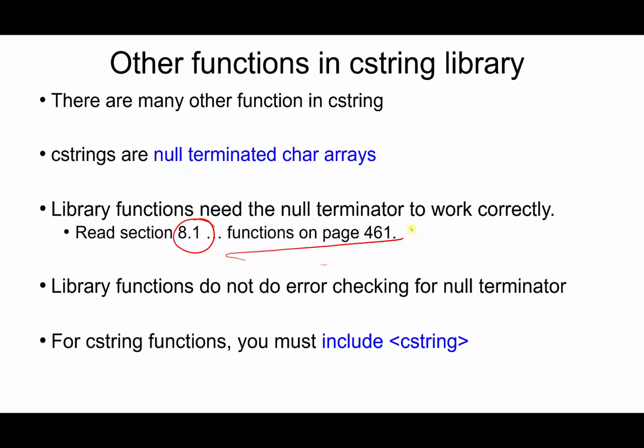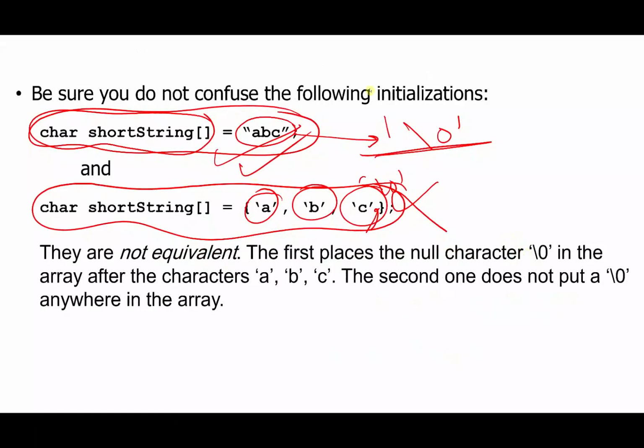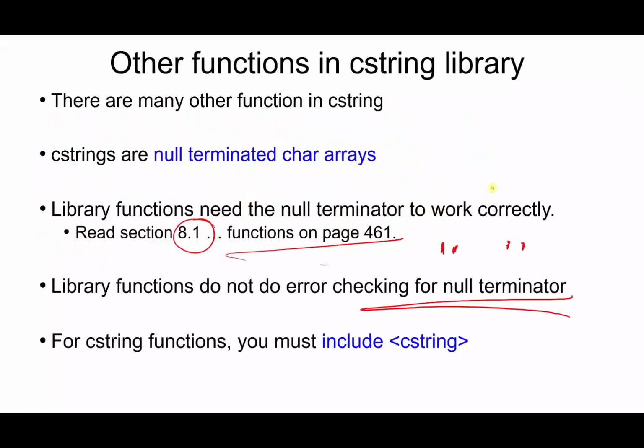These are places you can find functions, or Google C string functions and it's going to show you those. Library functions do not do error checking for the null terminator, so you must make sure that your C string ends with a null terminator. If you use it in a string like this, it's automatically added. If you use it this way, it's not automatically added. For C string functions, you must include the C string library.